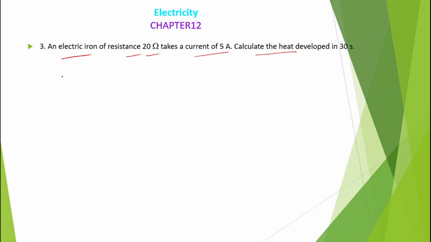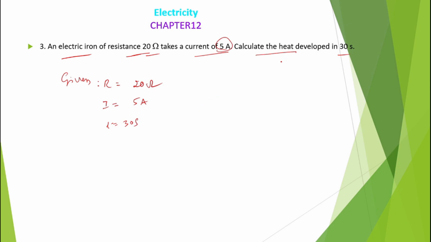So what he has given: resistance R is equal to 20 ohm, current I is equal to 5 amps, and T is equal to 30 seconds.